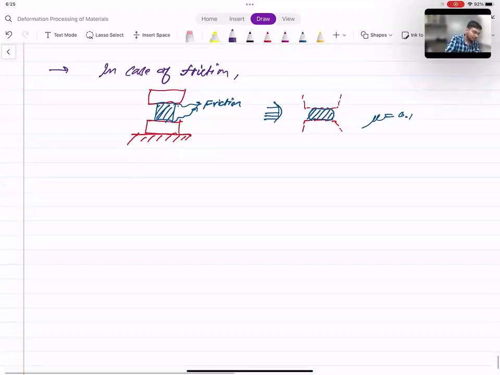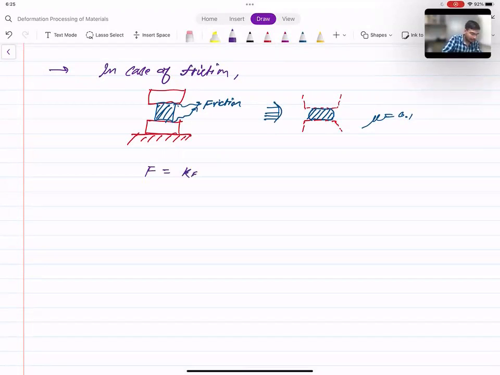Now the force equation becomes the factor Kf times the flow stress times the final cross-sectional area. Here, Kf is the forging shape factor.